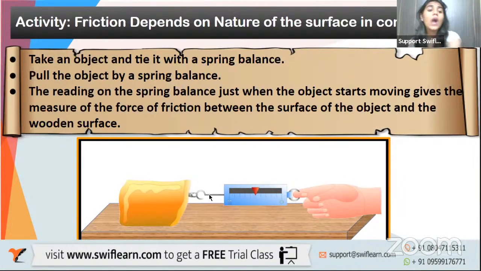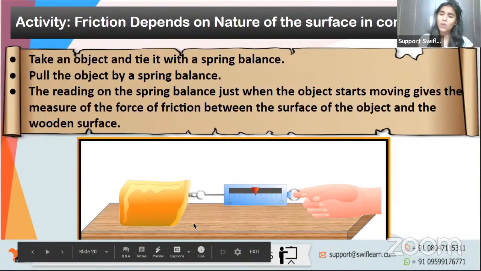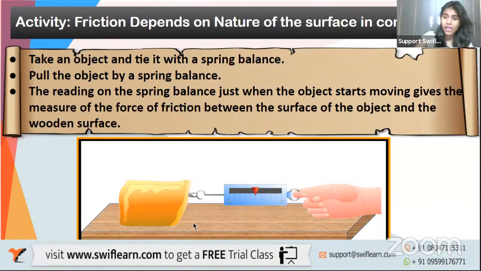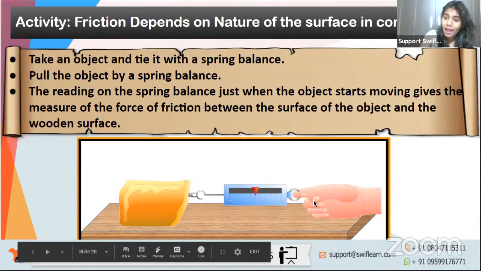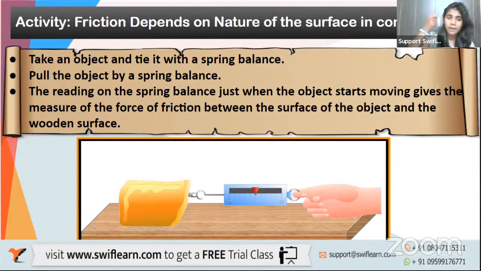It is a smooth surface, as you can see, quite smooth. Now I am pulling the object by the spring balance, as you can see here in the diagram.